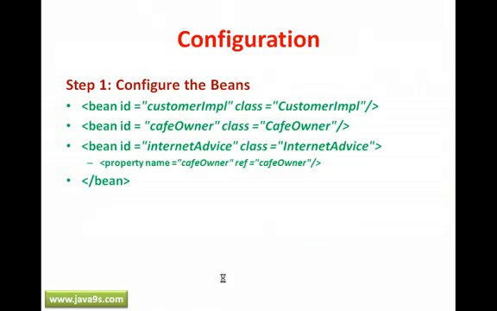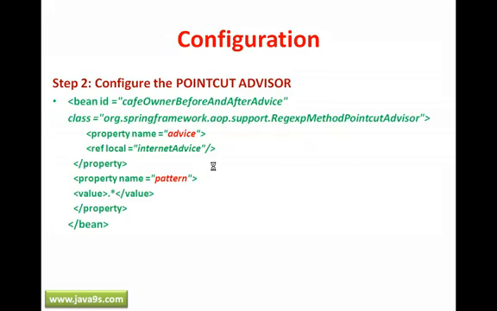Now for the configuration level, first we will be configuring all our beans, as bean id equal to customerImpl, and all these are the classes which I have configured as beans, where in the InternetAdvice I have injected the KFOwner class so that I can use it internally. And as a second step, I am going to configure the pointcut advisor, where I have given the bean name as KFOwnerBeforeAndAfterAdvice, and I am using RegexMethodPointcutAdvisor.